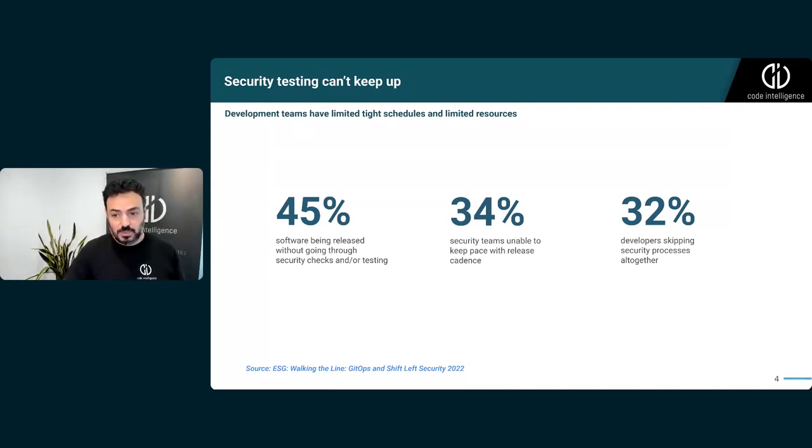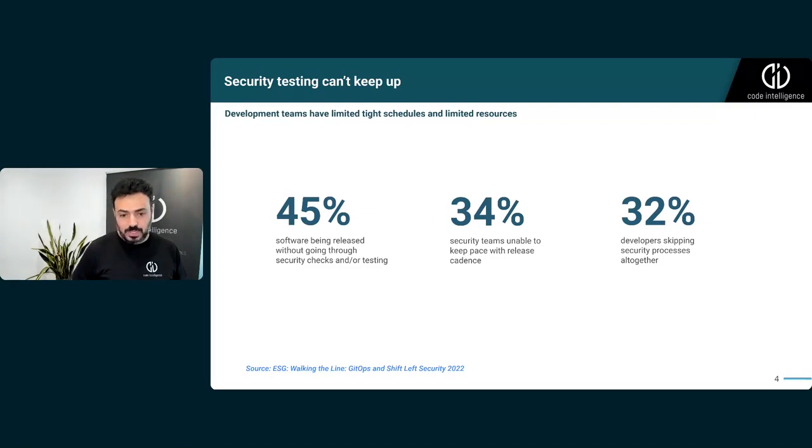And 32% of developers mentioned that they skipped the security processes altogether. So this clearly demonstrates that a new testing strategy is needed to keep up with the pace at which software is being developed.